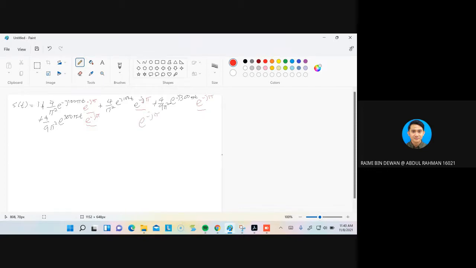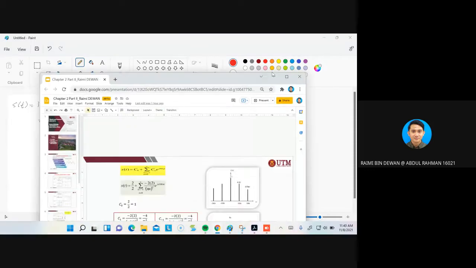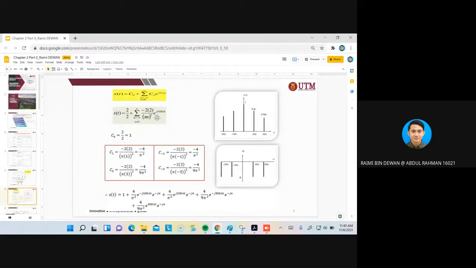Try to guess in Google Chat before I reveal. Where does this negative j pi come from? Initially, we don't have that, but now we have that. Initially, our question should only consist of this part, the summation of e^(jn100πt) and so on.